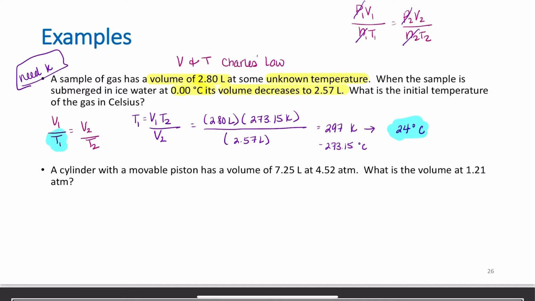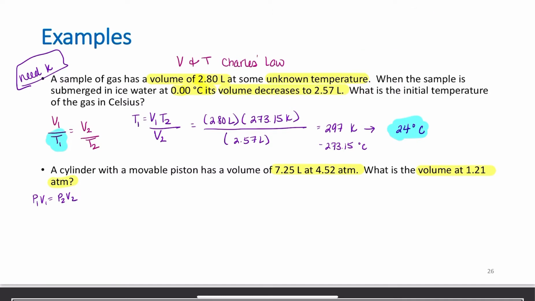Second example, I have a cylinder with a movable piston and a volume of 7.25 liters at 4.52 atmospheres. I want to know the volume at 1.21 atmospheres. Now again, if you recognize the laws, it's easier because you can say, okay, P1V1 equals P2V2. But sometimes you don't remember all the equations, and that's okay.